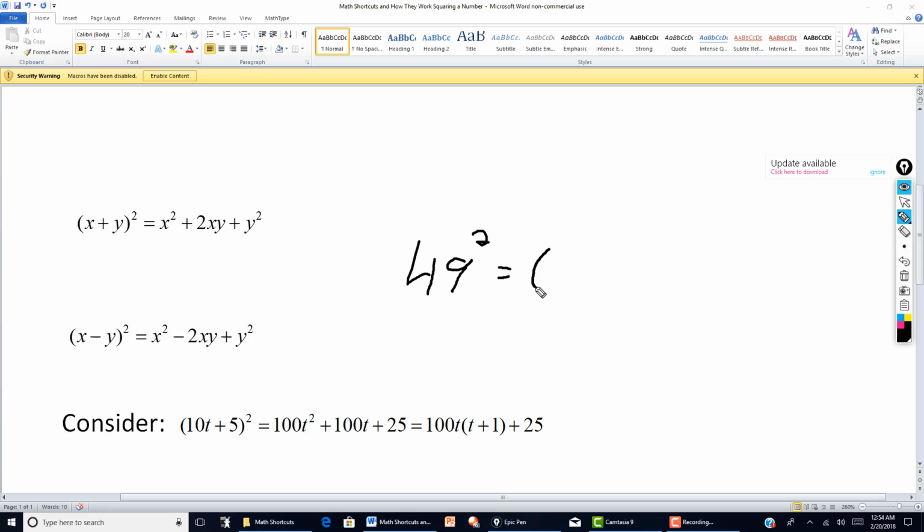So 49 squared would be the same thing as 50 minus 1, quantity squared. 50 minus 1 is 49. So then using the second formula, I would square the 50. See, it's easier to square when it's a round number like this. 50 squared is 2,500.